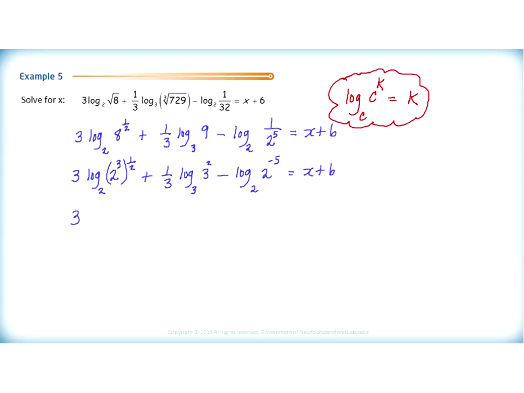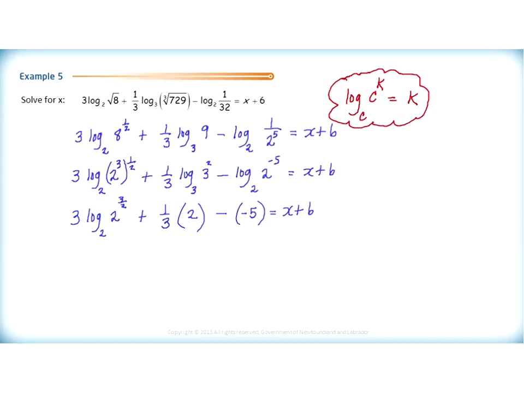So then we have in the next step 3 times the log of, that would be 2 raised to the power of 3 over 2 to base 2, plus 1 over 3. The log of 3 squared to base 3 is just equal to 2, minus the log of 2 to the -5 to base 2 is just equal to a -5, is equal to x plus 6.